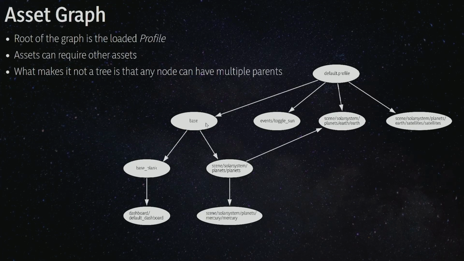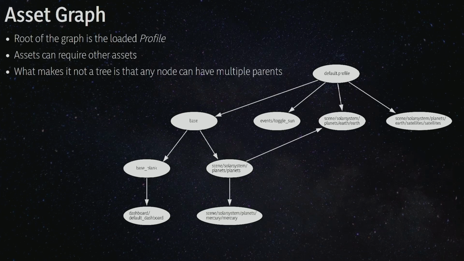All right. The other thing that is good to know, not necessarily vital to know, but I want to quickly go through it anyway, is that all of the different assets that get loaded start building up a graph structure, which, if you don't know what it is, it doesn't matter, but basically an asset file can request another asset file.